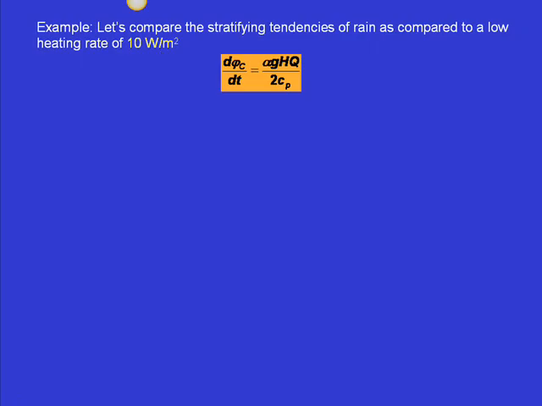So using all these expressions that we've collected, we can say how much rain we need to be equivalent to a heating rate of 10 watts per square meter.